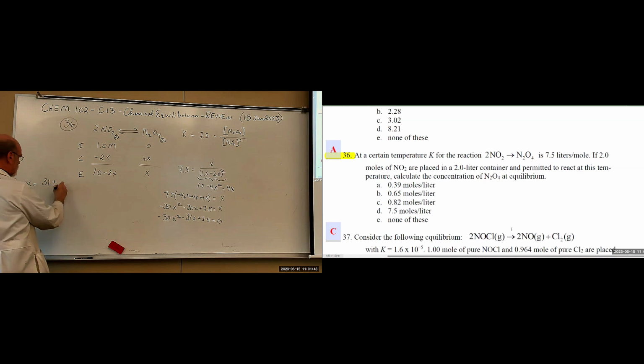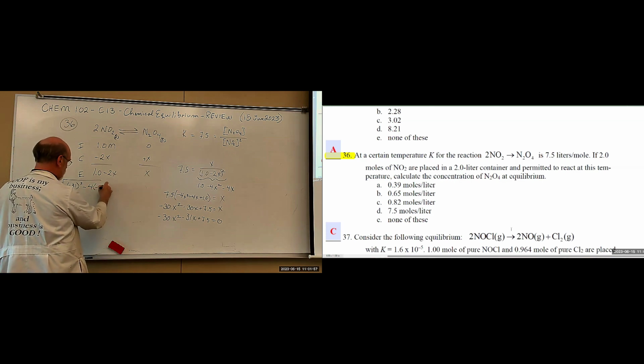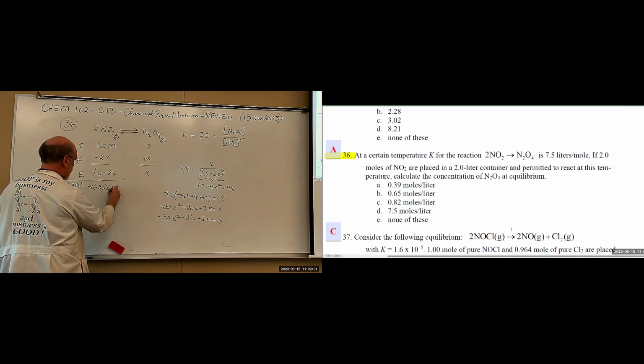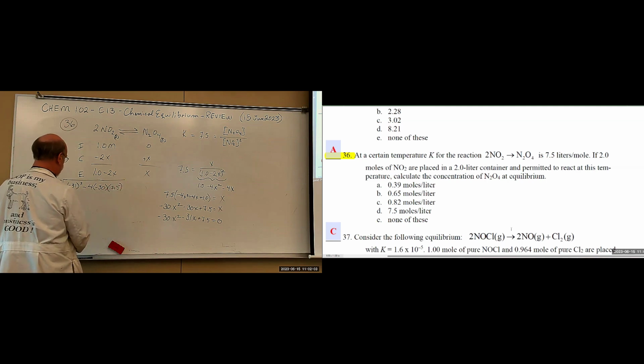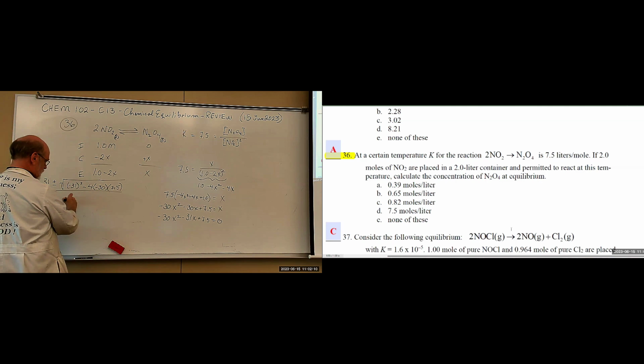Plus or minus the square root of b squared, minus 31 squared, minus 4 times A, which is minus 30, times C, which is 7.5. Okay? Then all over 2A. So 2 times minus 30. Okay?